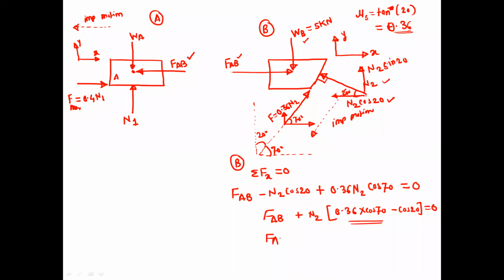So you will get the relation FAB plus N2 into bracket minus 0.81 or 0.82, equal to 0. So FAB is equal to 0.82 into N2. We can call this equation 1.